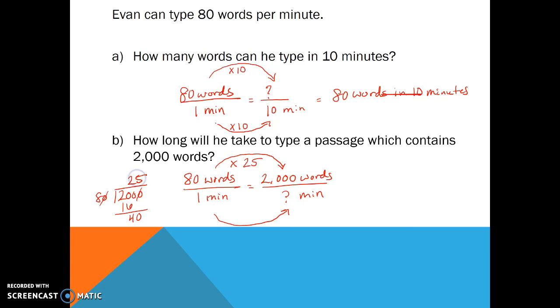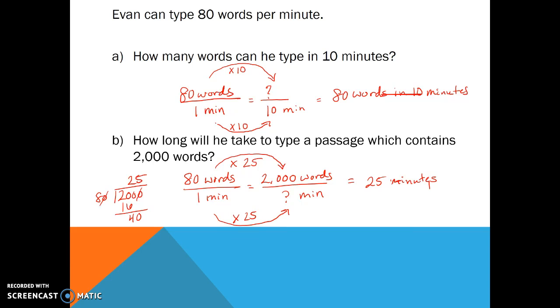There we go. Now you can see it. Okay, so I'm going to multiply 1 minute times 25, and I'm going to get 25 minutes as my answer.